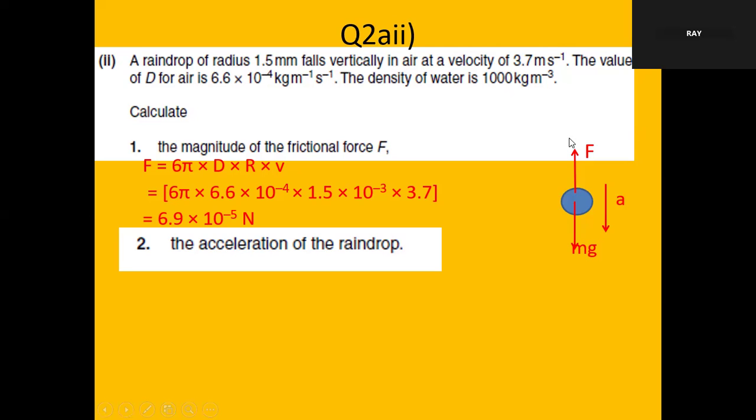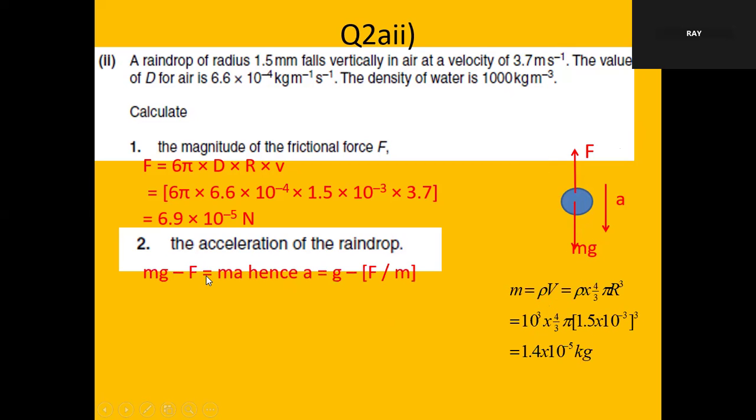There's your picture. F is already calculated. mg minus F equals ma. But you haven't got the mass. How to calculate mass? Density times volume. Density is given, times 4/3 pi r cube.